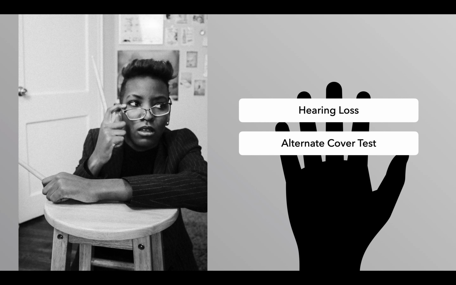So if we're dividing them based on central and peripheral causes, we can use 5 tests according to NICE that spell HINTS conveniently, so I put a hand on there. So hearing loss, and the alternate cover test, where you cover each eye and see if there's any change in deviation. All you need to know about that is, if I cover one eye and they look normal, and then I cover the other eye, and that eye deviates, that's not normal.